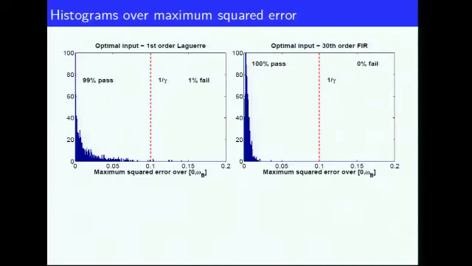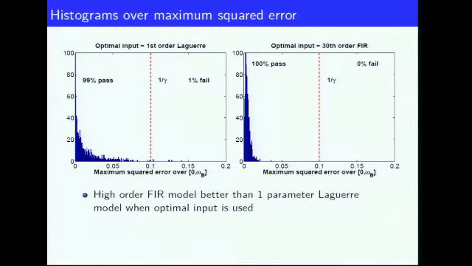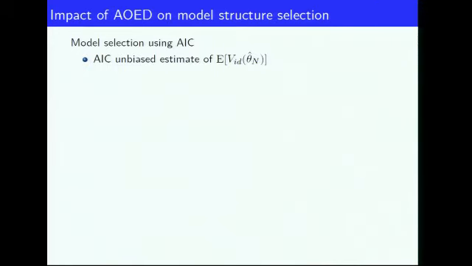Then if I do some Monte Carlo simulation and look at the distribution of the performance degradation, we see that for the FIR model, the high order model, I get a much better distribution. It's much more concentrated around 0 than for the Laguerre. So in this case, when we use optimal inputs, the choice of model structure seems less important.